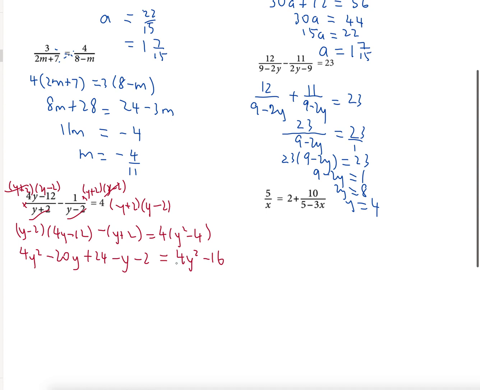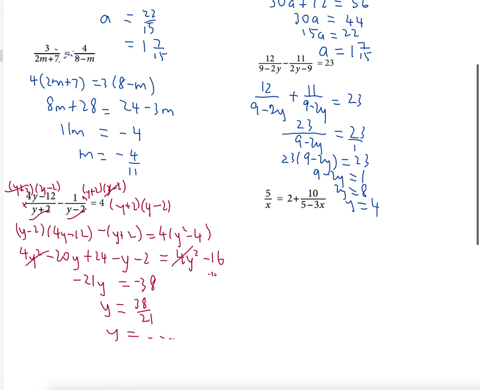Okay, 4y squared minus 4y squared is 0, and this is now minus 20 minus 1, which is minus 21y, and this is 24 minus 2 is 22, so brought over, it is negative 38, and y equals 38 over 21, and that gives us the answer.